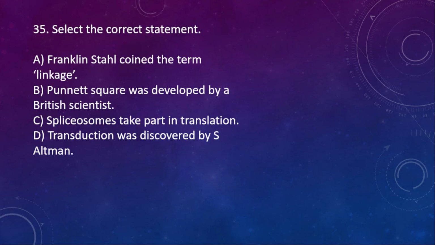Here the correct option is option B. Punnett square was developed by the British scientist. What is the name? Reginald C. Punnett in the year 1905.